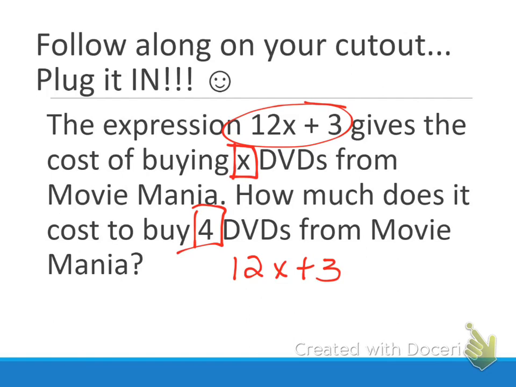Because it says X is the number of DVDs, and then it said, if we bought 4 DVDs, what would be the cost? So that means we're going to do this. 12 times 4 plus 3. 12 times 4 gives us 48, plus 3 is 51. So it'll cost us $51 to buy 4 DVDs from Movie Mania.